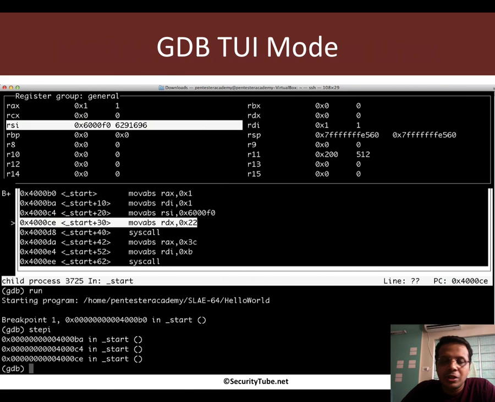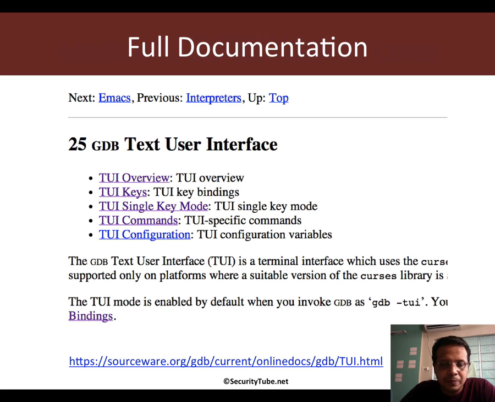This is what the GDB TUI mode is, where it allows you to have multiple windows. In one window you can have your assembly language code, in the other one you can have all the registers, and in the bottom control one you can set breakpoints, look at memory and whatnot.